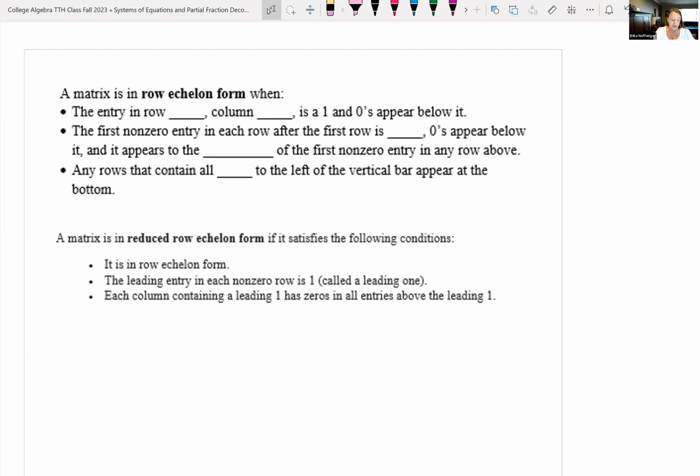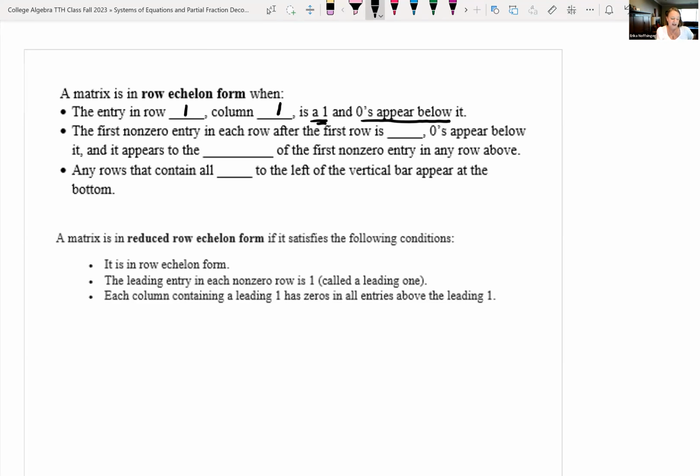To be in row echelon form, the entry in row 1 and column 1 is a 1. And then zeros appear below it. Okay, so we just manipulated that matrix to look like that. We had the entry in row 1, column 1 a 1, and we manipulated it and got zeros below that, what is called a leading one.